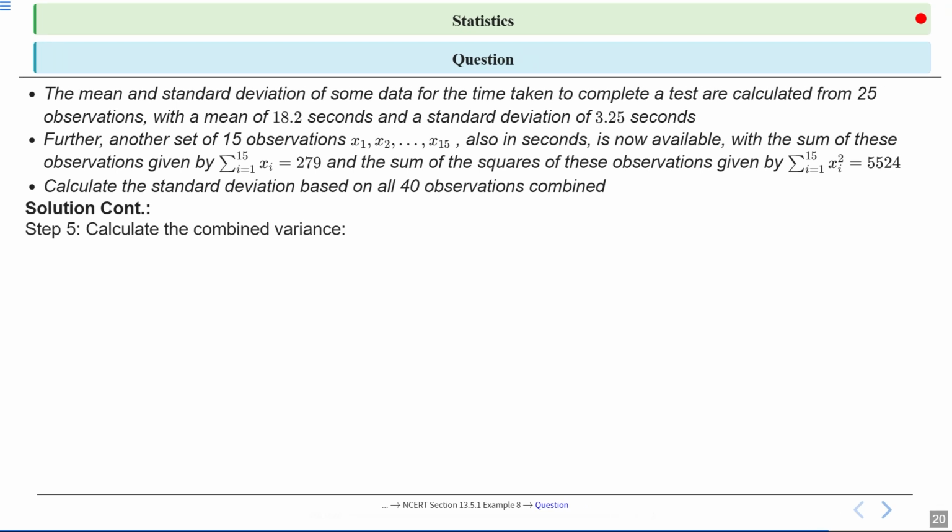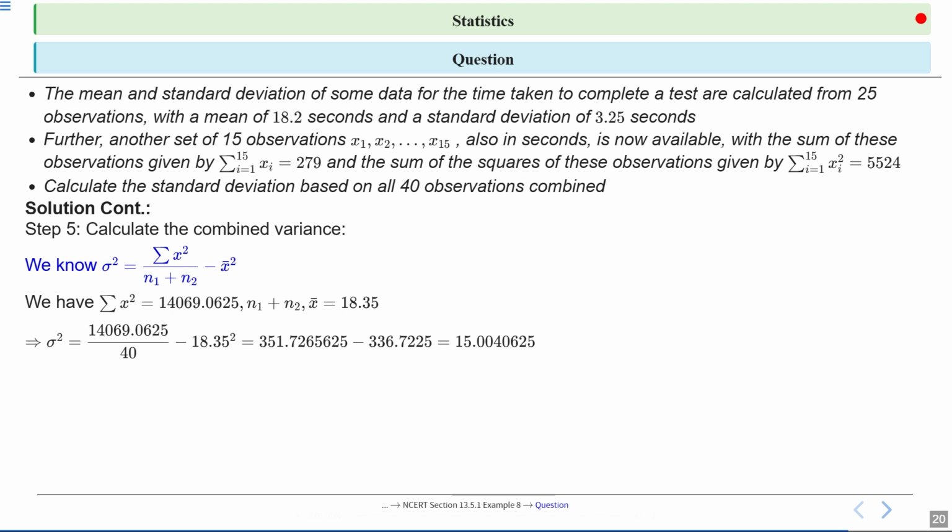Step 5 is to calculate the combined variance. So we know sigma squared equal to summation x square upon n1 plus n2 minus x bar square. And we have summation x square equal to 14,069.0625 and n1 plus n2 is 40 and x bar is 18.35.